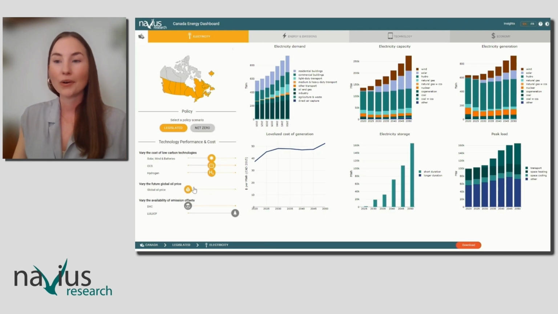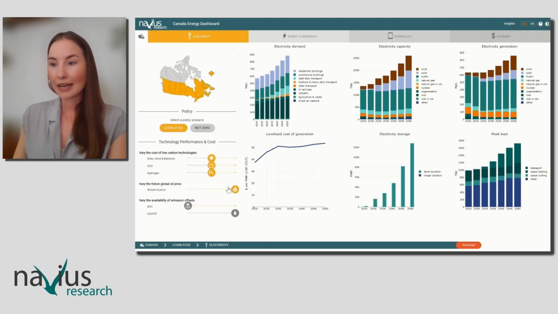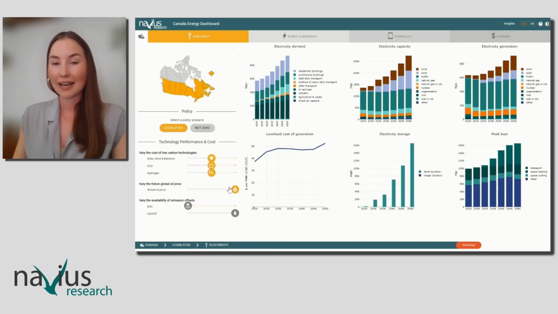We have a low or a reference oil price based on the Canadian Energy Regulator. And finally, you can vary the availability of emissions offsets, including whether or not direct air capture technology becomes commercially available, as well as how many land use offsets are used to help achieve net zero.